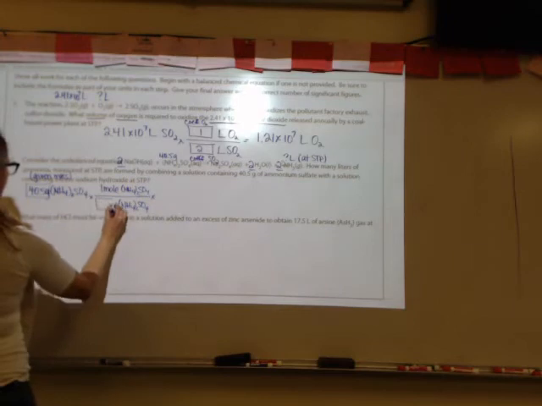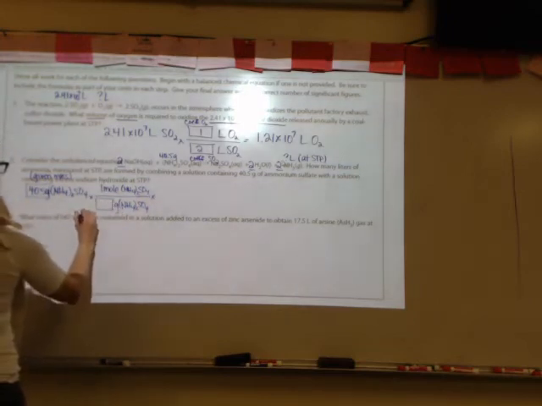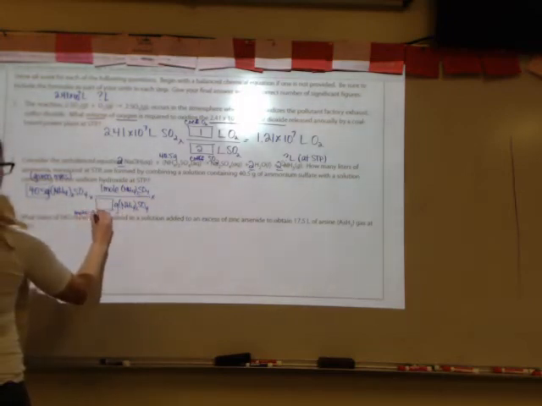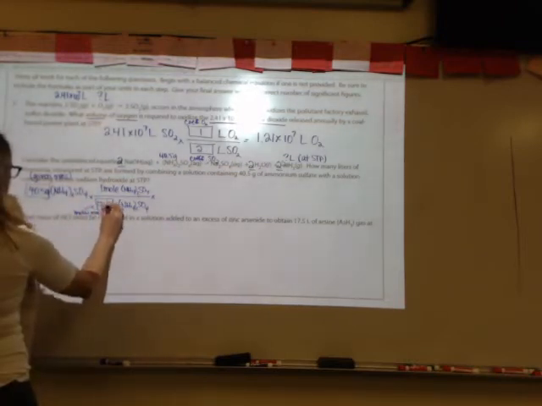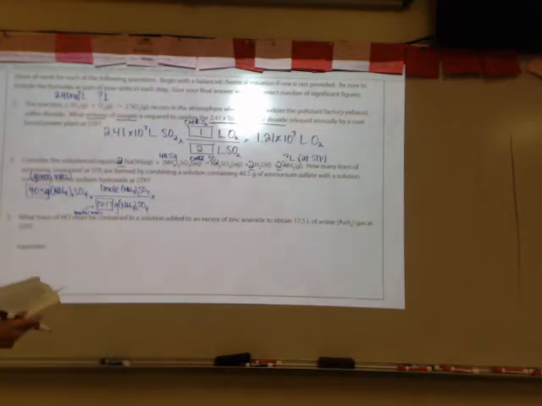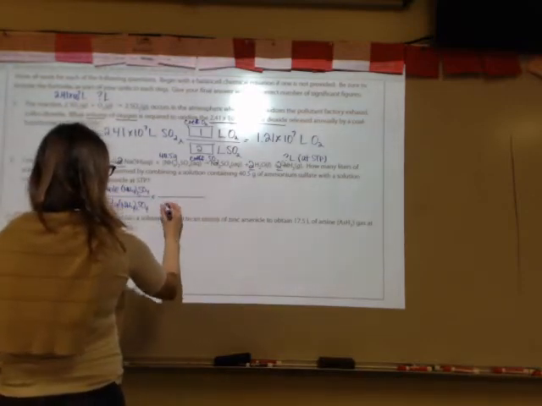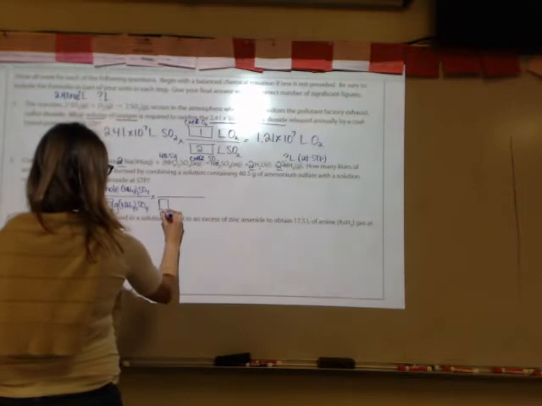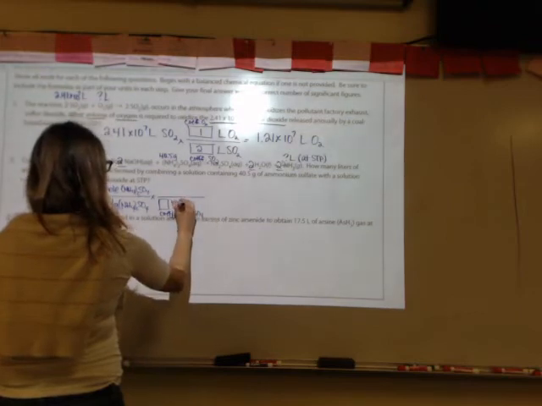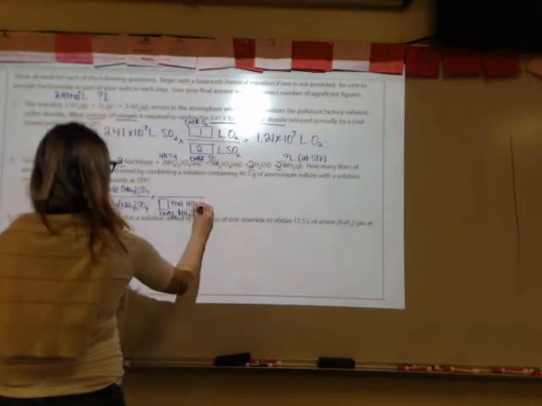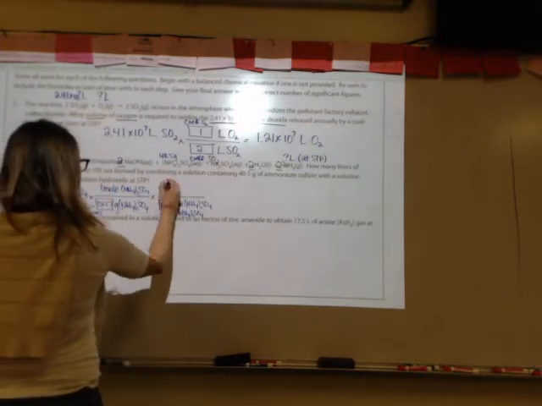So this number here is the molar mass of my (NH4)2SO4. This is 132.17. Now, this is where I will put the coefficient of my (NH4)2SO4, which is a 1.